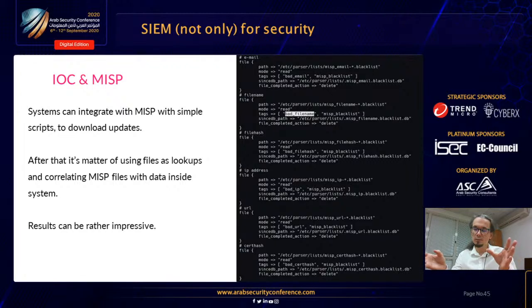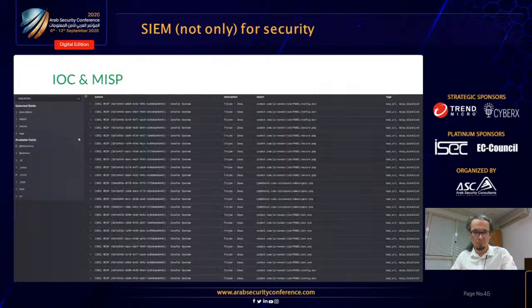Then when the information is inserted into the SIEM solution, we can compare the two aspects. This is maybe hard to see, but what we can see here is the table of events where there was a recognition of a malware attack, the Zeus to be precise, a Trojan. What is the exact object and what are the tags? So for example, here we can see the bad URL and the MISP blacklist.